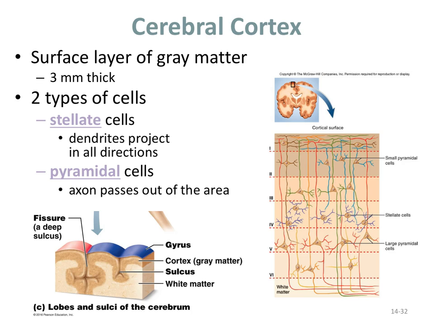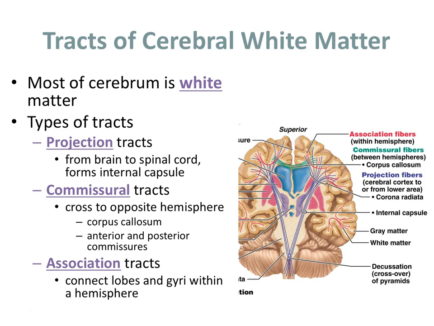So the stellate cells stay in the gray matter, whereas the pyramidal cells have axons that will leave the area. These axons bundle together into tracts of white matter. So white matter is white because of the myelin around the axons that are in the white matter. Most of our cerebrum is white matter.